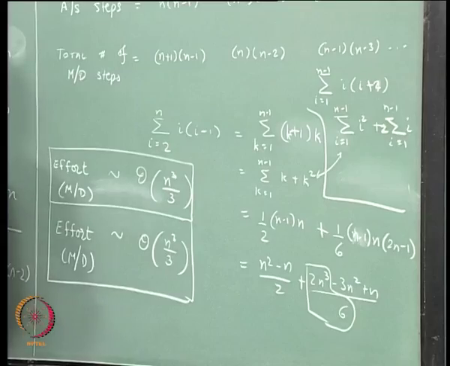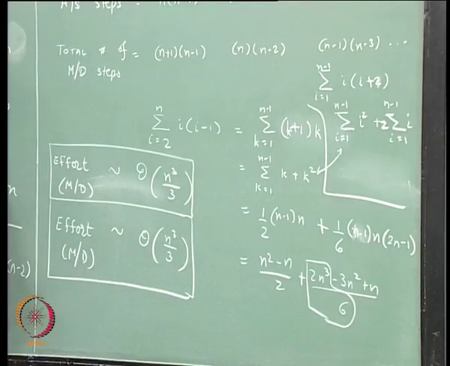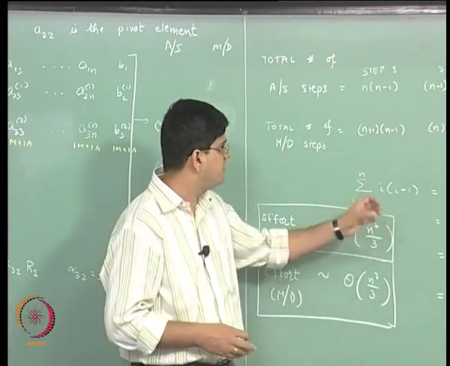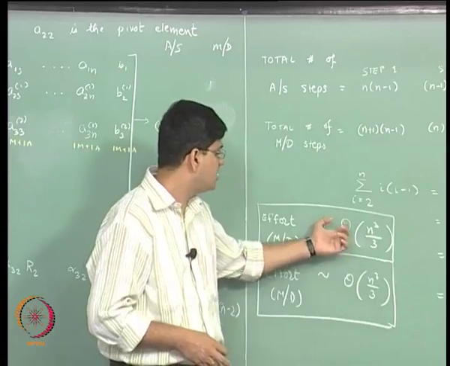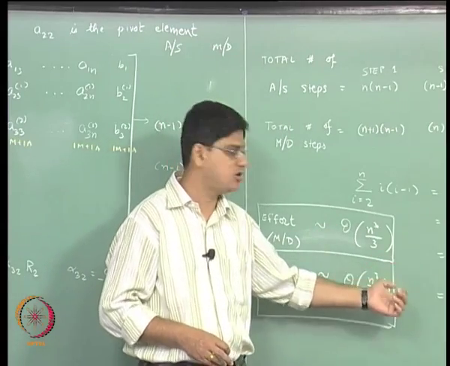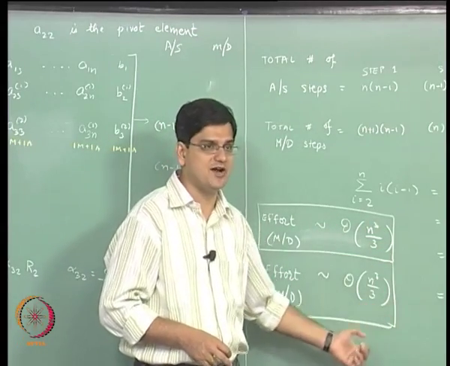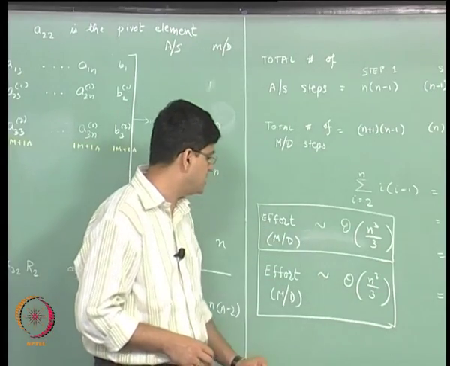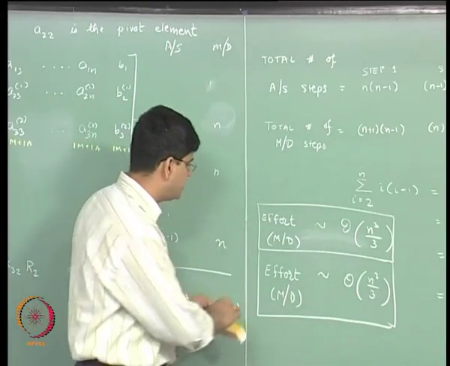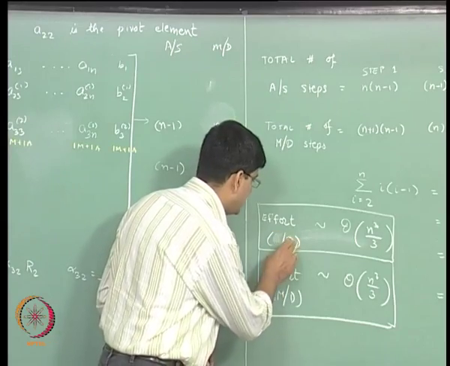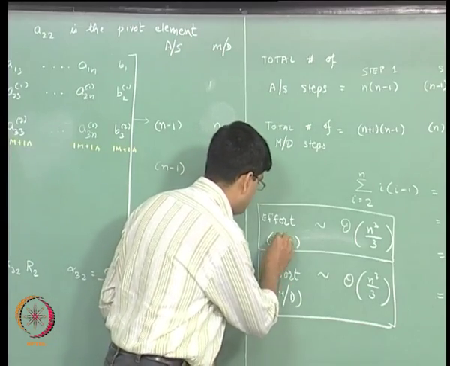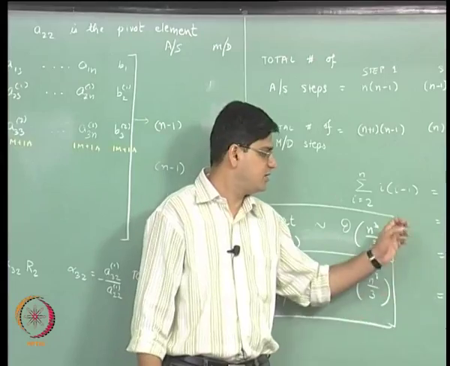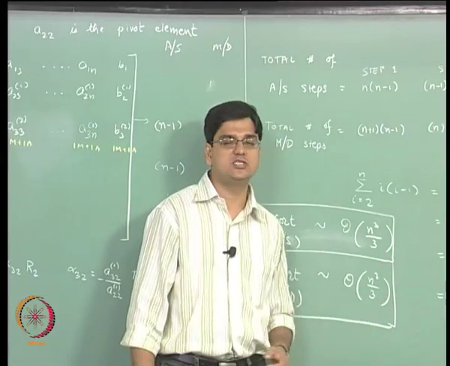So, when we start with an equation Ax equal to b, where x is an n dimensional vector and we have n equations, if we were to use the Gauss elimination method, the amount of effort is going to be of the order of 2 n cubed divided by 3, because we have n cubed divided by 3 as the multiplication division steps and n cubed divided by 3 as the addition subtraction steps, sorry, subtraction. Okay. So, that is the effort involved in Gauss elimination.